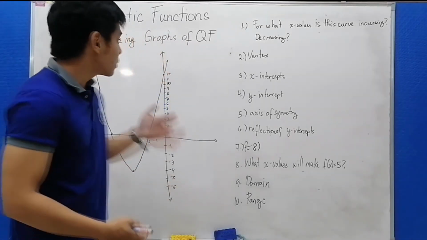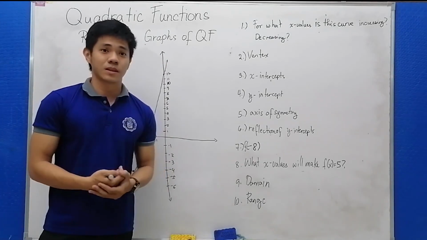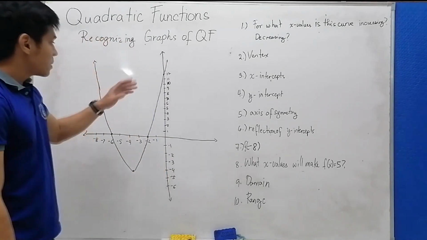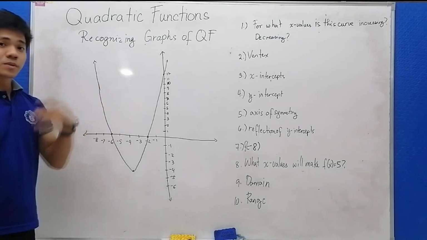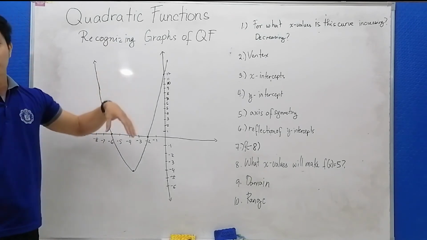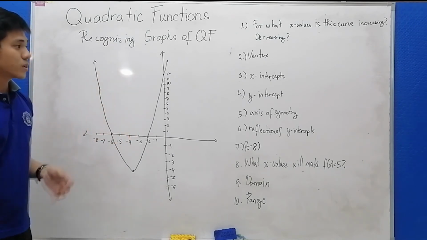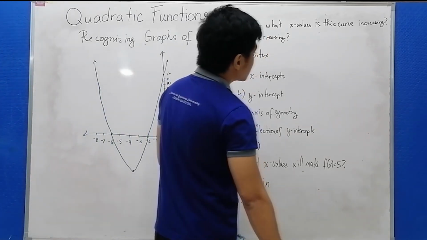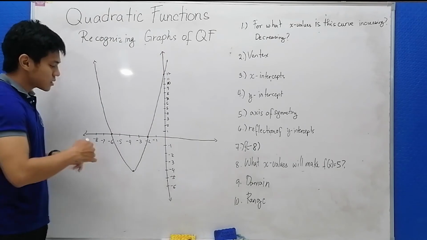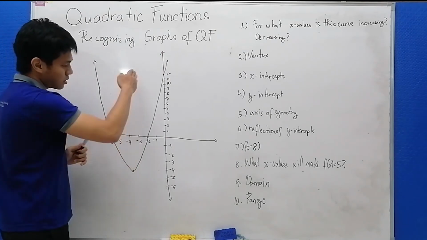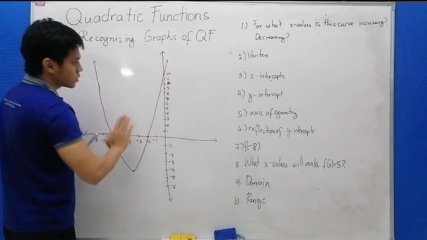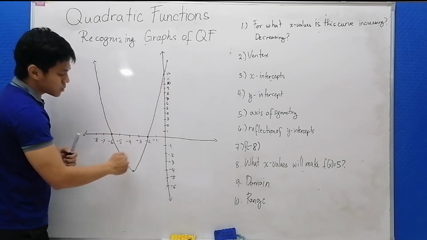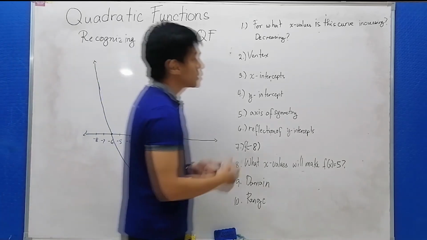Okay, so let's take one more example before we wrap up this lesson. This example is now facing upwards. Our previous parabola was facing downwards, but this one is facing upwards. So looking at this, what x values in this curve are increasing? Its increasing pattern is on the right side, so x must be greater than -4.